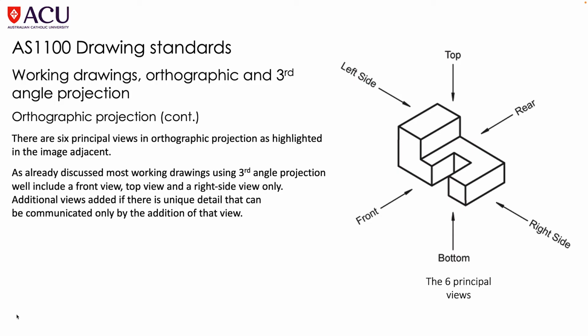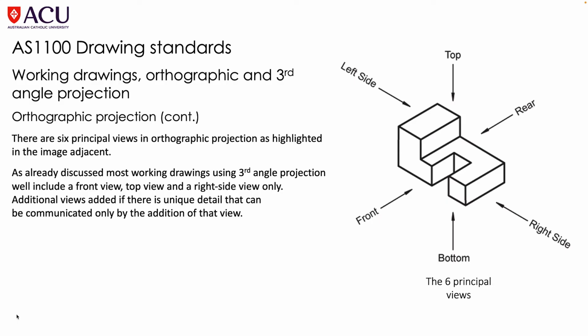There are 6 principal views in orthographic projection as highlighted in the image adjacent. So you can see in the image, you've got your front, top, bottom, left, right, and rear. It kind of makes sense.